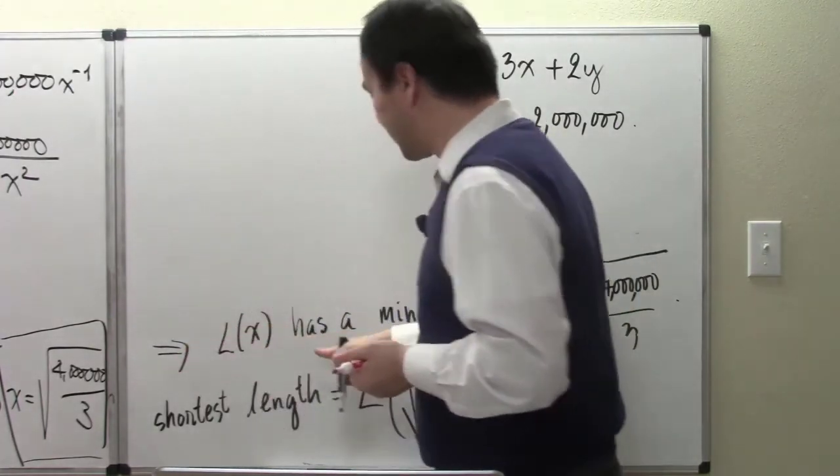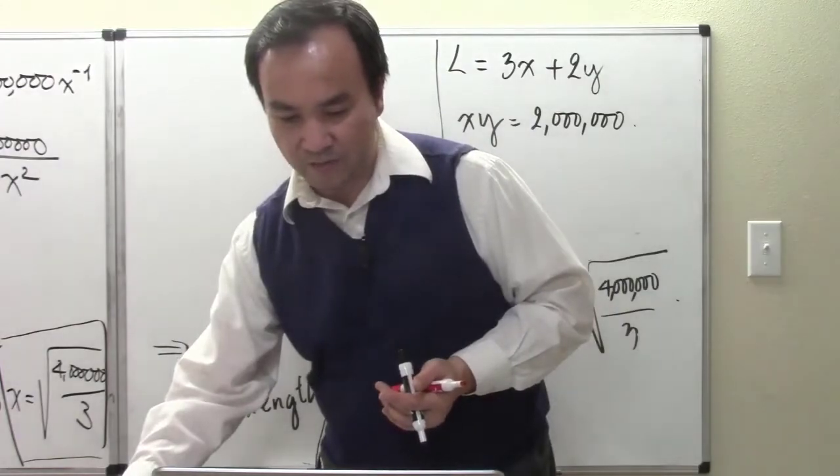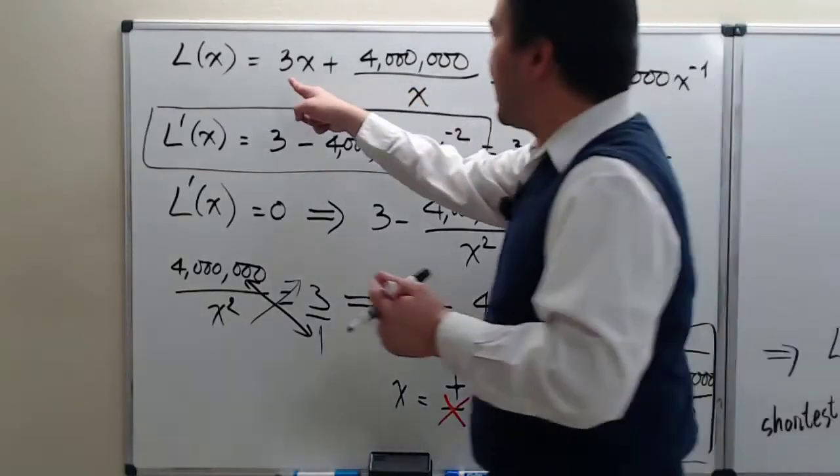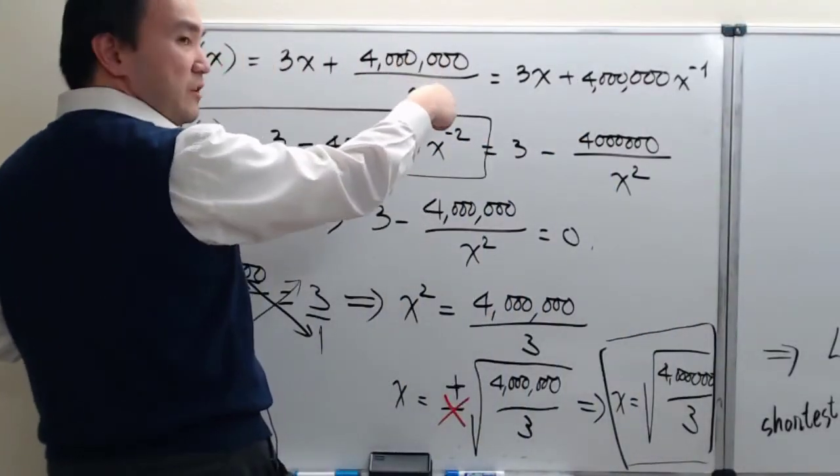Recall that we have expressed L of x as 3x plus 4 millions over x right here.